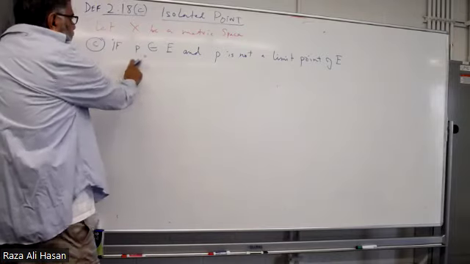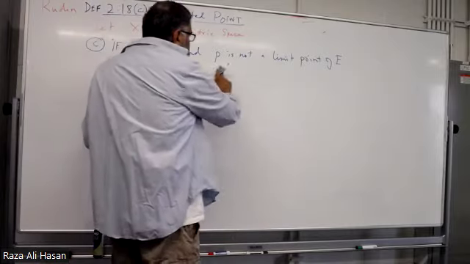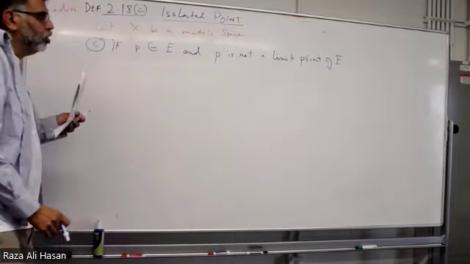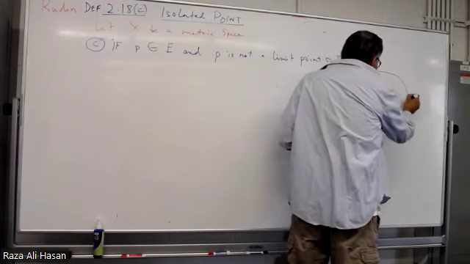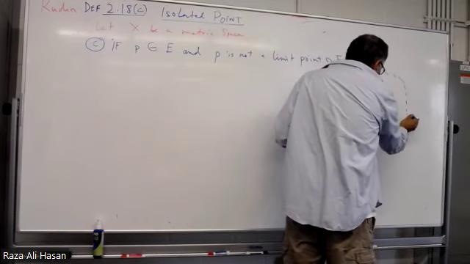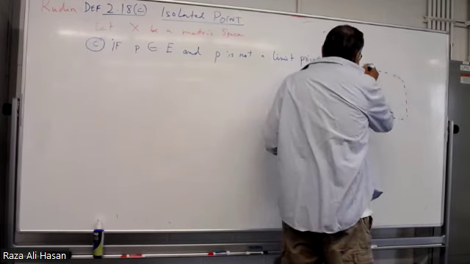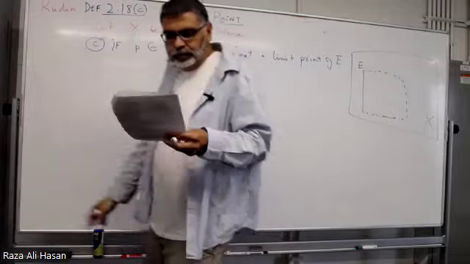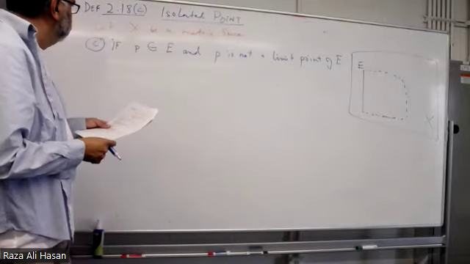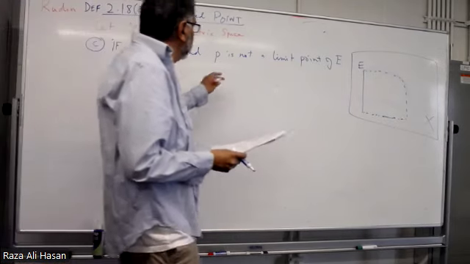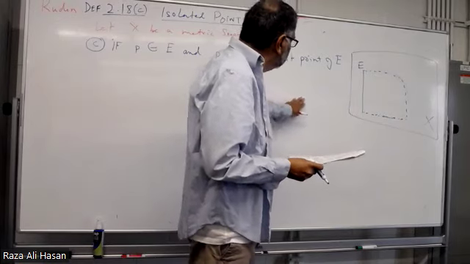Let's have the same Francis Su looking set E here. This is our set E, and it's in the metric space X. So P is an element of E, and P is not a limit point of E.